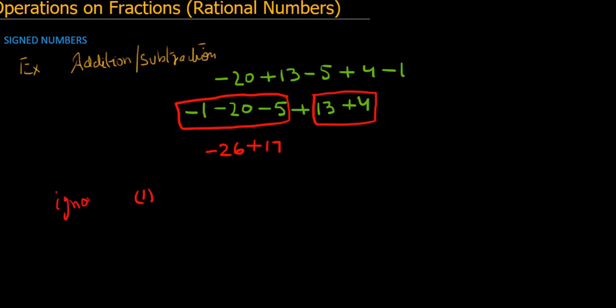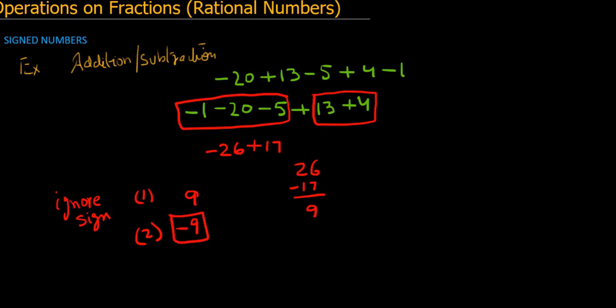We will put the sign of the larger at the end. The larger is 26. 26 minus 17 is 9. So this is step 1. Step 2 is put the sign of the larger number, minus 9. So minus 9 is your answer.